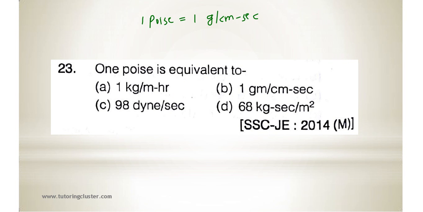So the correct answer will be option number B. If you want to write one poise in SI, it will be 0.1 kg per meter second.